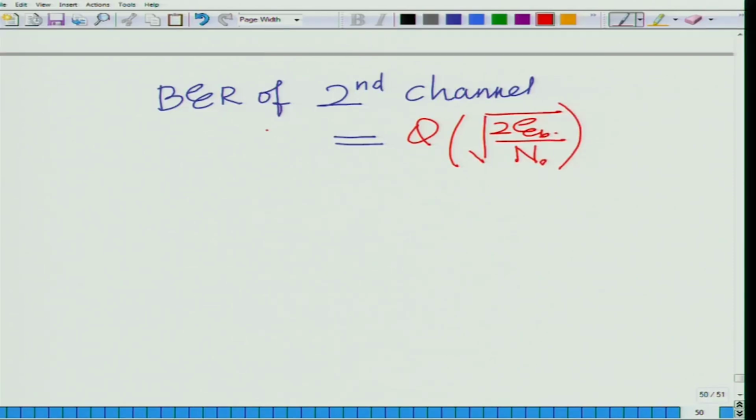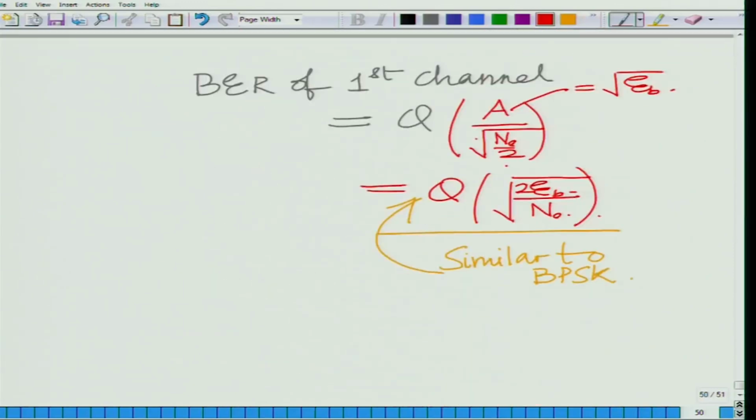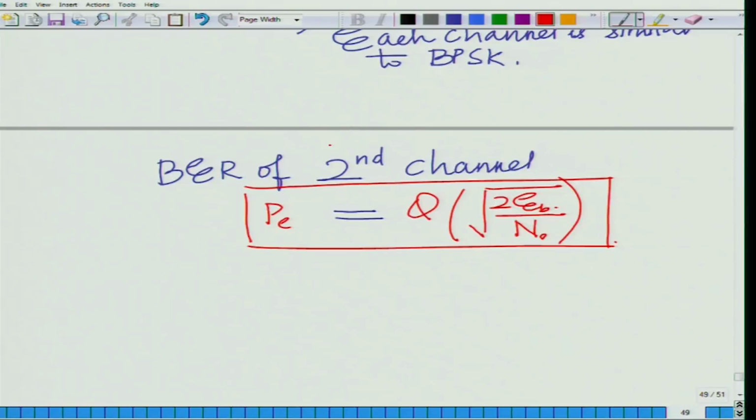Okay. So this is also the probability of error on the second channel. This is the bit error rate of the first channel, and this is the bit error rate of the second channel. Okay.